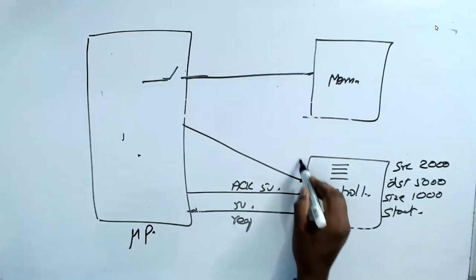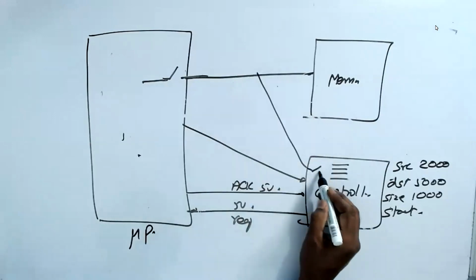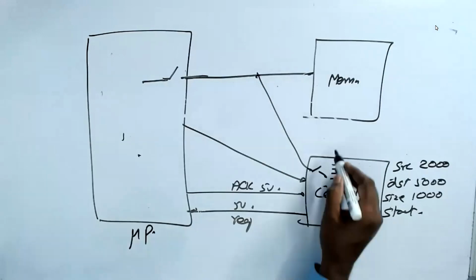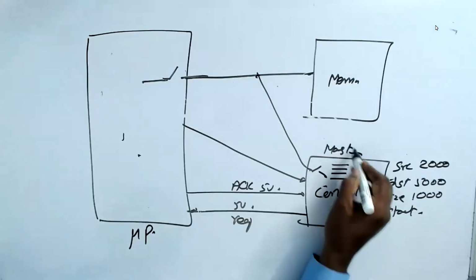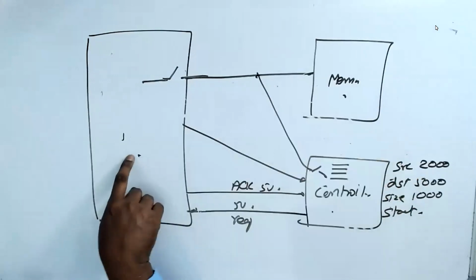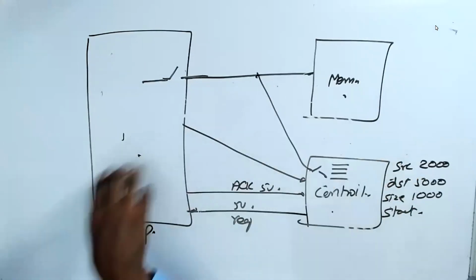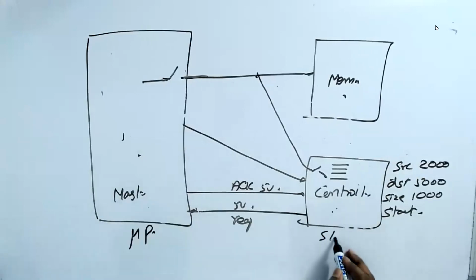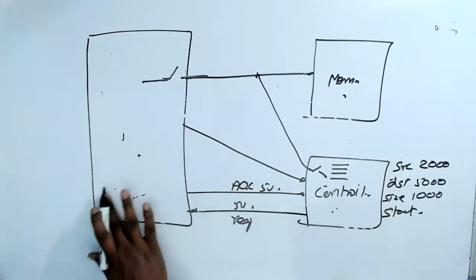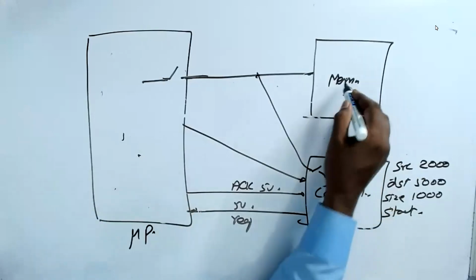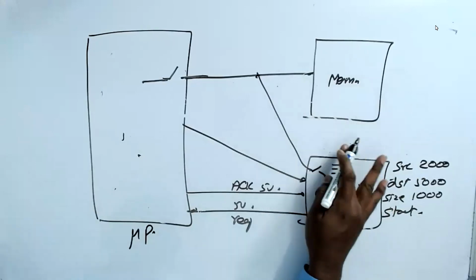So he will put the switch on and start doing the activity with the memory. Now he became the master of memory. Please understand, when the microprocessor is writing into the controller, the microprocessor is the master and the controller is a slave. But when I am trying to copy the memory, the controller becomes master and the memory becomes a slave.